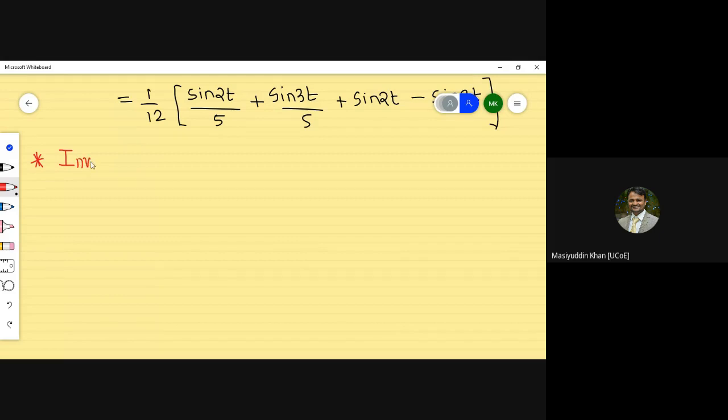Inverse Laplace transform by using partial fraction.